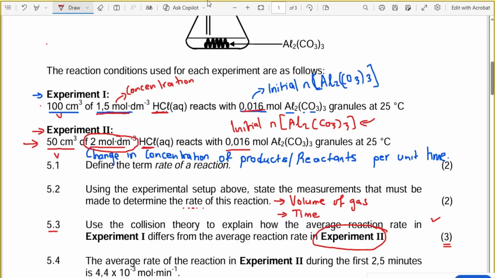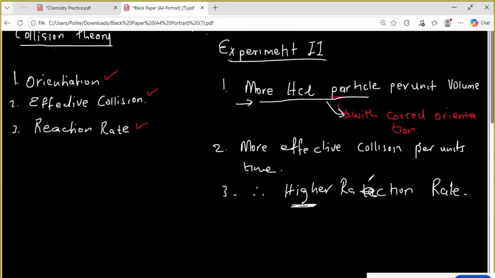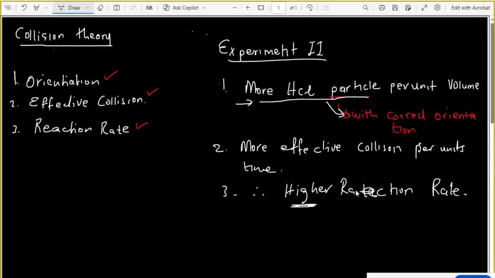Okay. Emily, do you want us to talk about experiment 2? No, I understand it now. I was confused about whether the different concentrations were at the beginning, or whether it was two different things with two different values. Now you get it. So look at this.